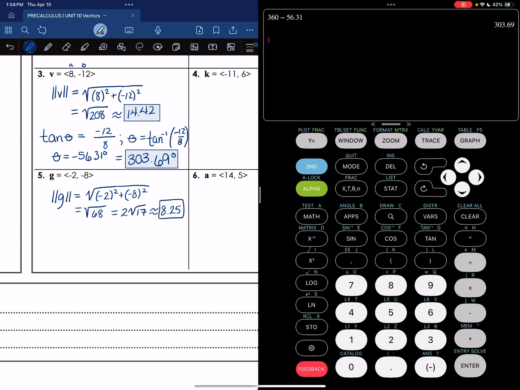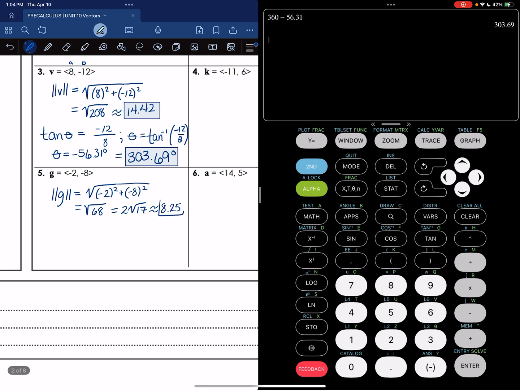And to find the value for your angle, you'd set it up as tangent, because that's what equates the opposite and adjacent sides. Tangent of your B over your A. So theta is going to be the inverse tangent of that -8 over -2.